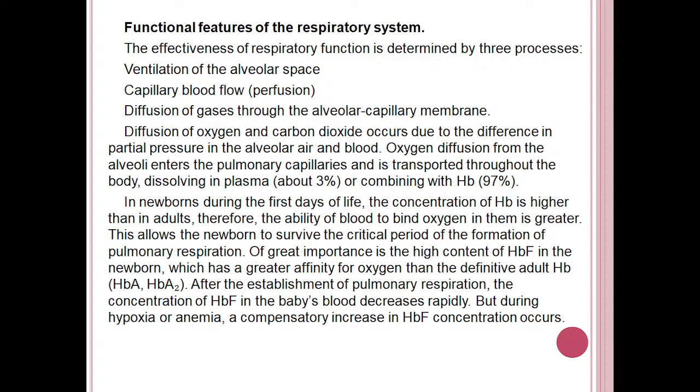This allows a newborn to survive the critical period of the formation of pulmonary respiration.